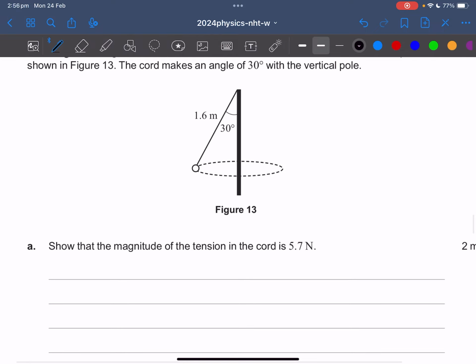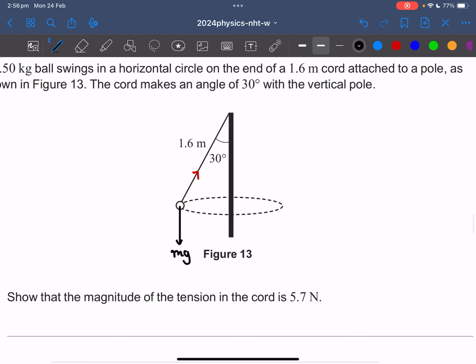So there is going to be tension in this rope over here, and there is going to be the gravitational force, mg. So the vertical component of this tension force, so this entire thing is tension, has to balance out with mg, right?